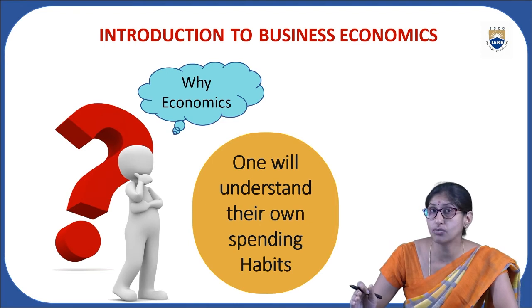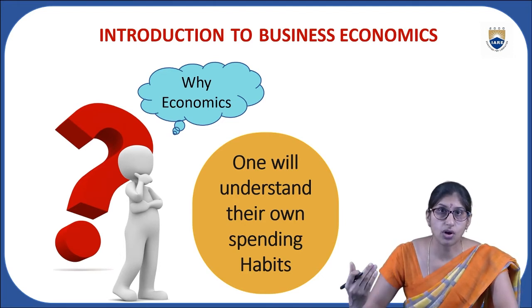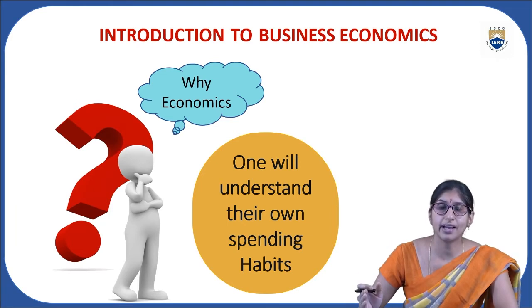We have unlimited wants, but we need to satisfy the wants which are really rational to us. Like, I want to become like Ambani. Is it possible? It is not possible, but we can achieve to some extent with the resources we have.